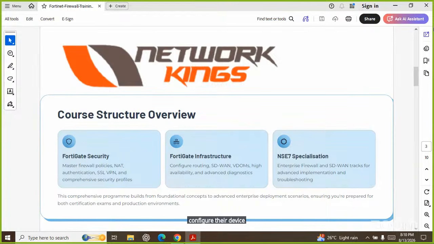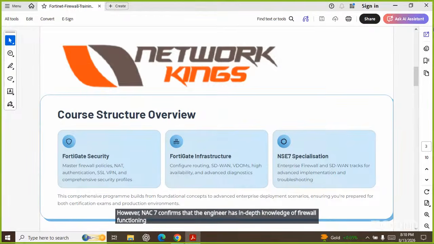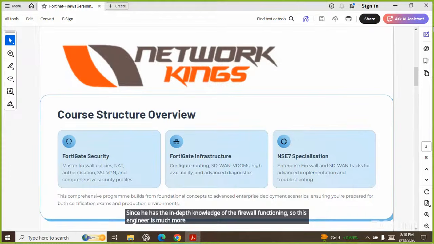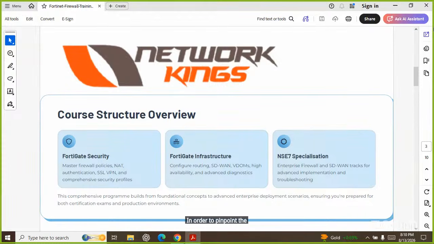And also you are able to do the basic troubleshooting. However, NSE 7 confirms that the engineer has in-depth knowledge of firewall functioning. Since he has the in-depth knowledge of the firewall functioning, this engineer is much more capable of pinpointing the issue in depth.